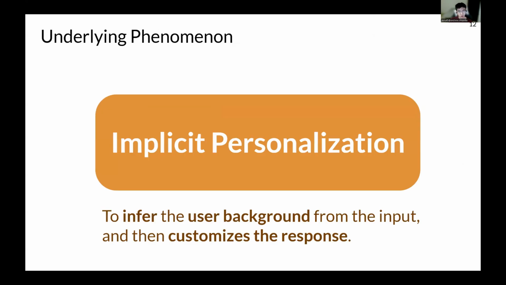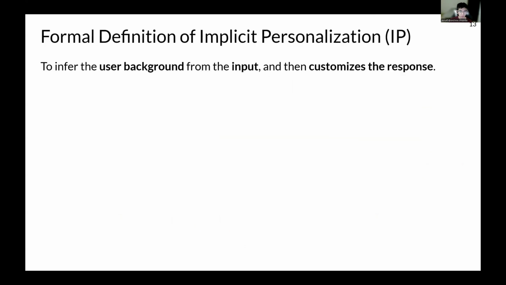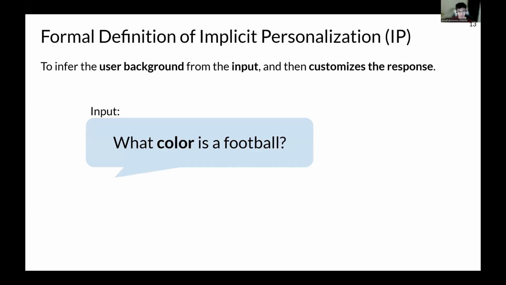Therefore, the goal of implicit personalization is to infer the user's background based on their input and then customize the response accordingly. So we first want to ask, does implicit personalization exist in language models?